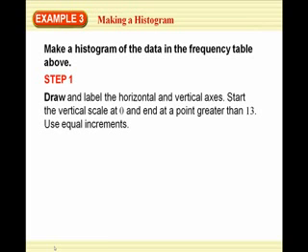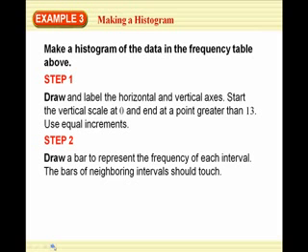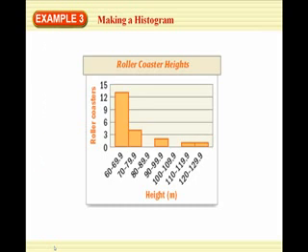So make a histogram of the data in the frequency table. So we have our horizontal and our vertical axis, which is our x-axis and our y-axis. And we'll draw the bars and we put a title. So notice right here, there's my title. All graphs have a good title. Here's my horizontal axis. They put height, and notice these are those intervals that we came up with.